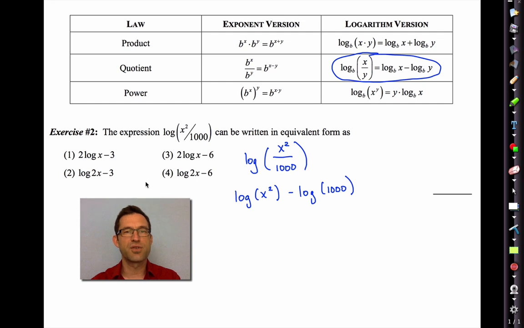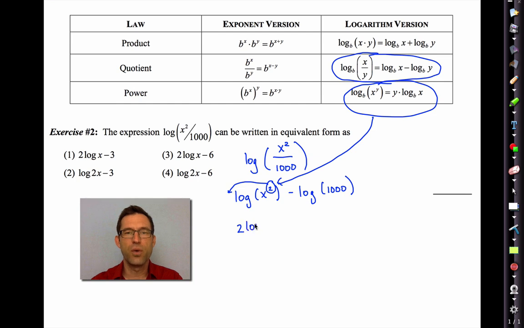Now if that's one of the answers, we pick it, but it's not. So let's take a look at this logarithm law. This will allow us to simplify this guy. This one says if we've got the log of a quantity raised to a power, we can actually bring that power out. So this will be 2 times the log of x minus the log of 1,000.